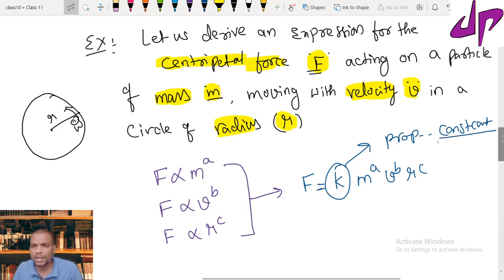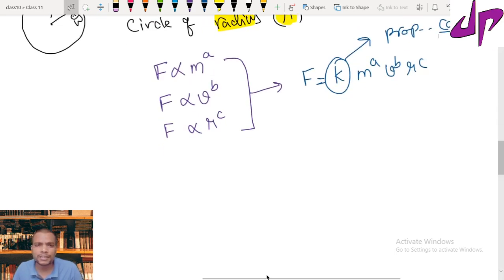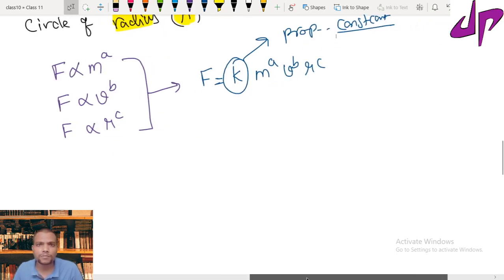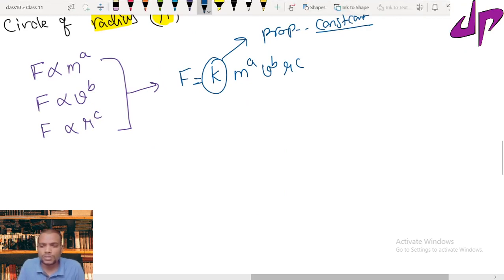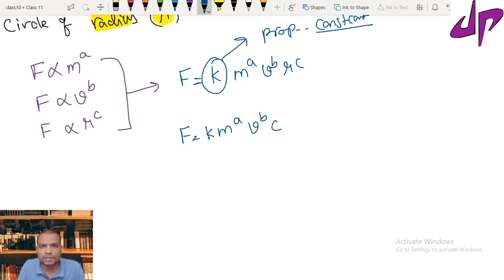This constant does not have any dimensions, so we can take its value as 1. Now this formula we can write as F equal to k times m power a, v power b and r power c.